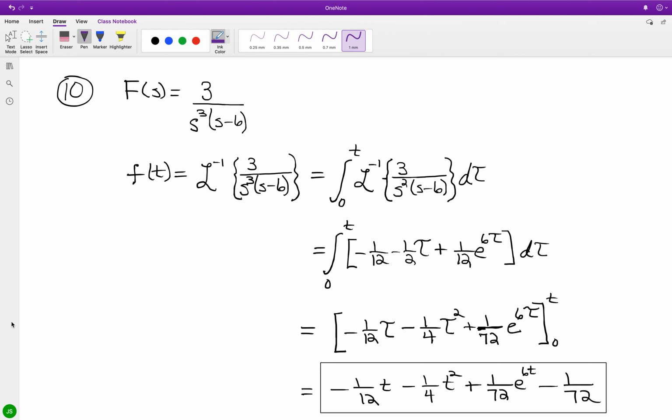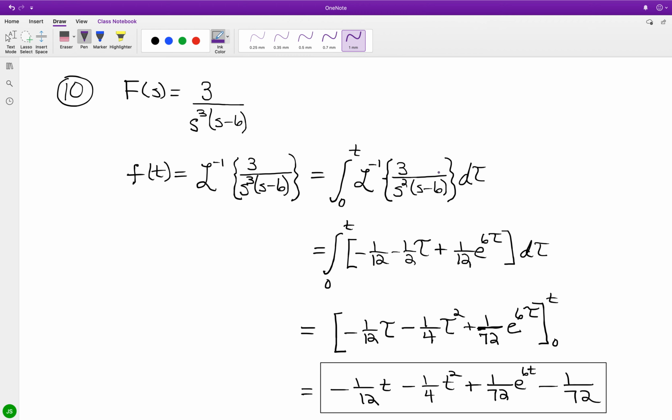And if I rewrite in terms of integrating, I can take the original Laplace transform, multiply by s directly. And so that's going to cause s cubed to go down by a degree to s squared. And moments ago, we determined the inverse Laplace transform of 3 over s squared times the quantity of s minus 6.